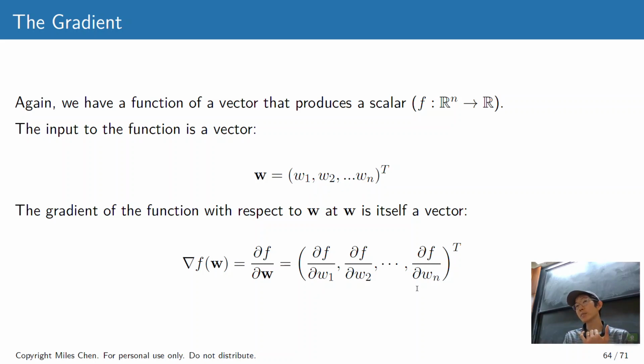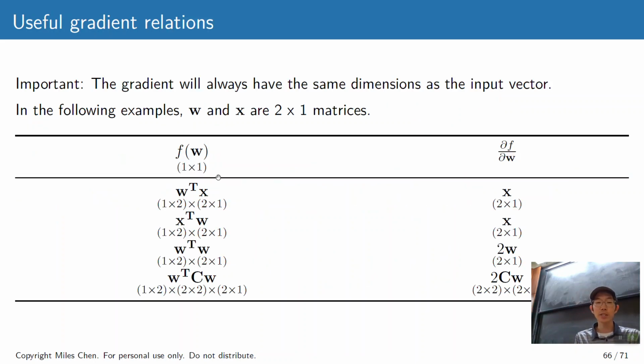So here, if the function is w transpose x, and we're taking the gradient with respect to w, then the gradient is x. If the function is x transpose w, then the gradient is x also, which is 2 by 1.